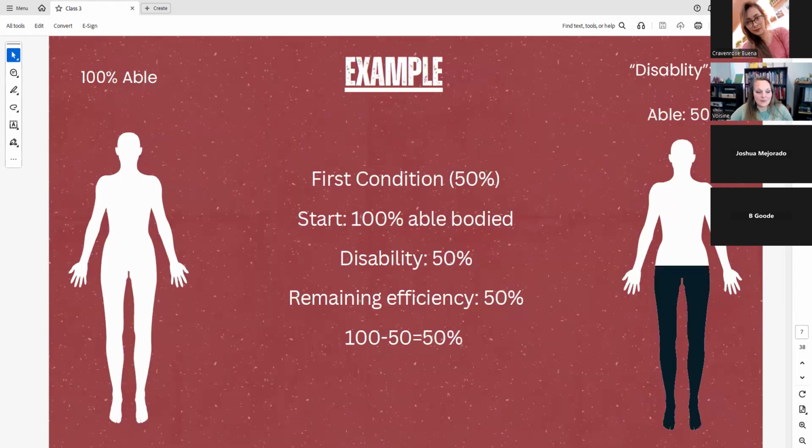All right, example. 100% able. And I want to say this: I really dislike the word disability or disabled, because in our minds we often think unable to do something, right? That's not necessarily the way the VA looks at it.